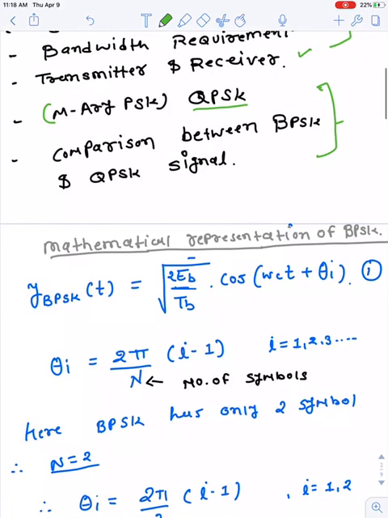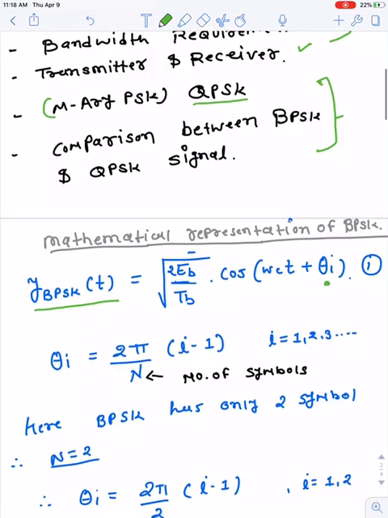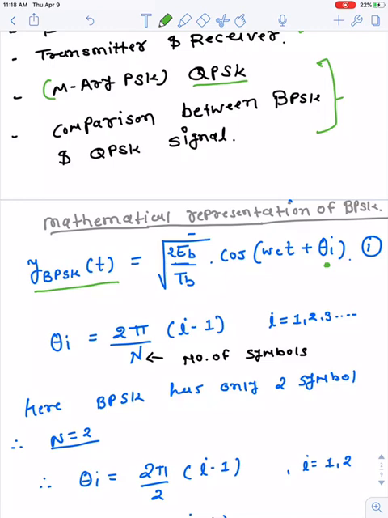Imagine there is a PSK modulator and the input is a binary x of t signal in the form of 1010. The output of a BPSK modulator can be defined by this equation: square root 2 EB by TB cos omega ct plus theta I. This one is important. Theta I is the phase corresponding to the ith symbol.